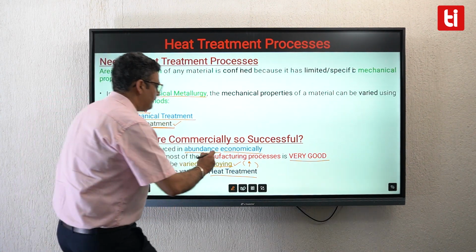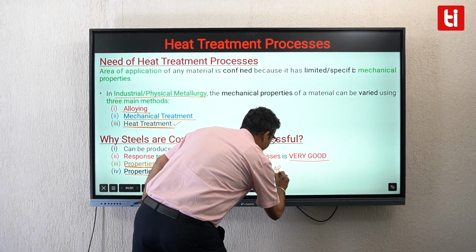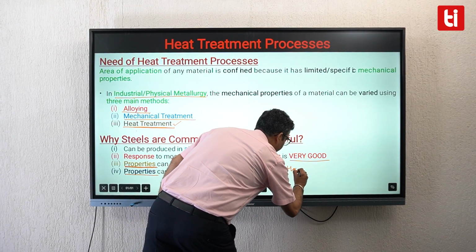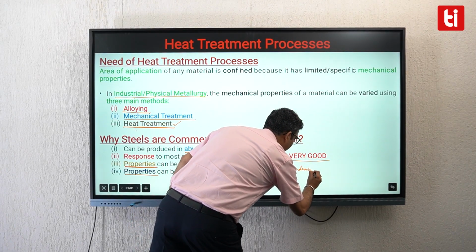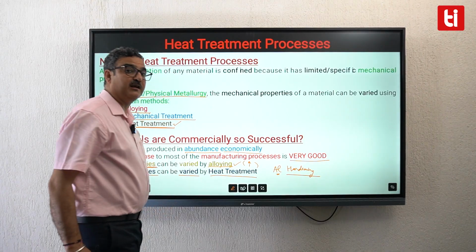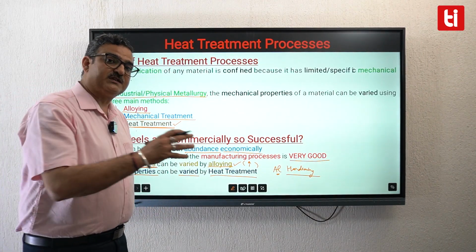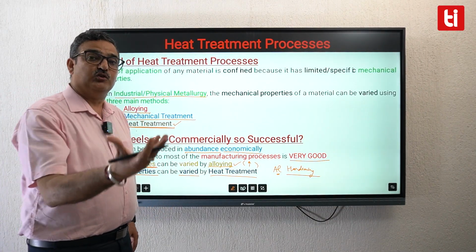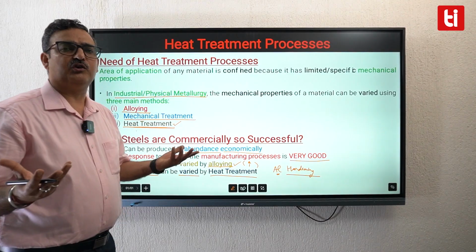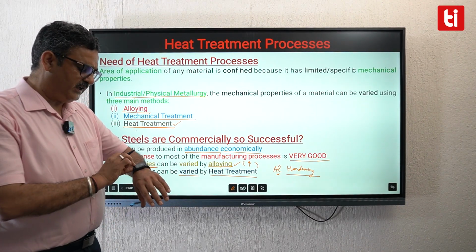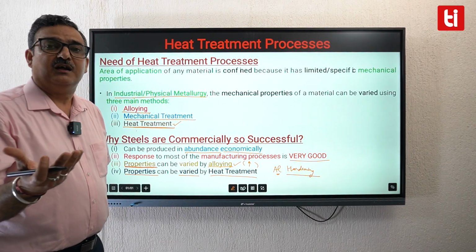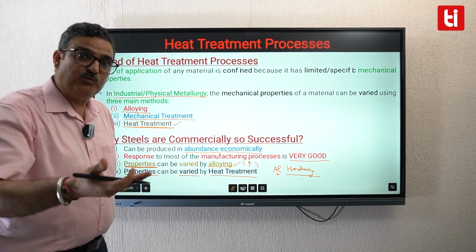Like aluminium. Aluminium responds very well to a heat treatment process called hardening. But to other processes like annealing or normalizing, aluminium would not respond, meaning they would not bring about a change in the aluminium alloys.